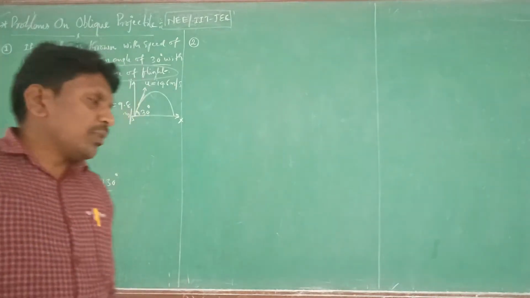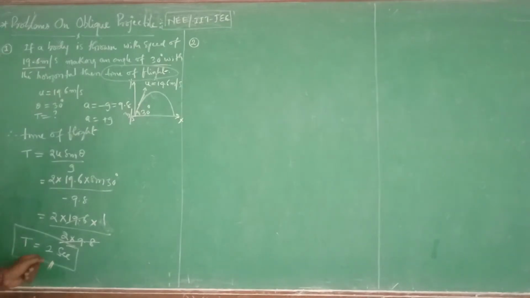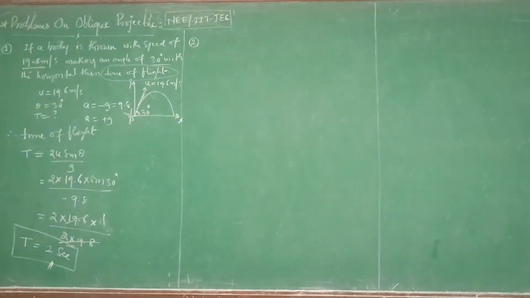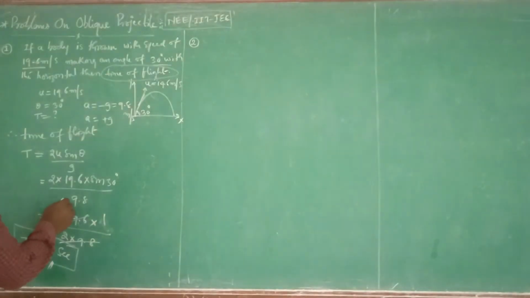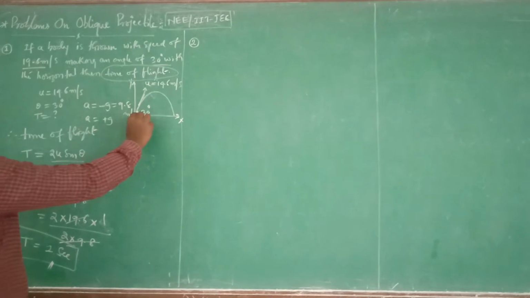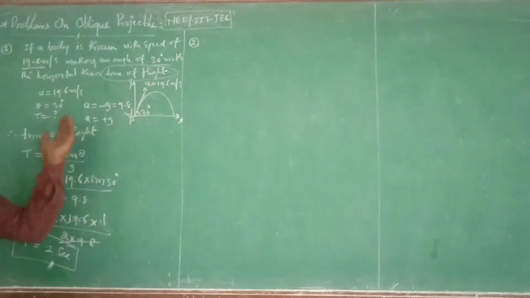Time of flight, denoted by capital T, equals 2 seconds. This is what we need to understand. Here there is no need to take the minus, because this object is moving upward and downward; sometimes you can take just the magnitude, not the direction.